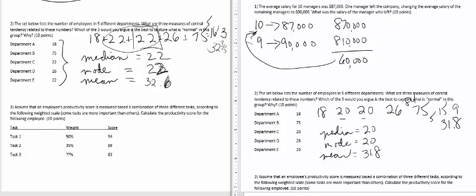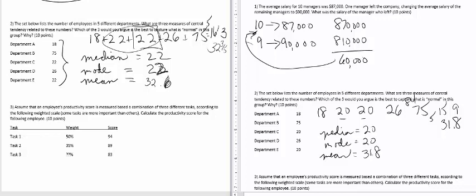Calculate the productivity score for the following employee. So this is like saying you're taking a course and the weight of task number 1 or assignment number 1 is 50% of your grade. The second one is 35% and the third one is, well, guess.